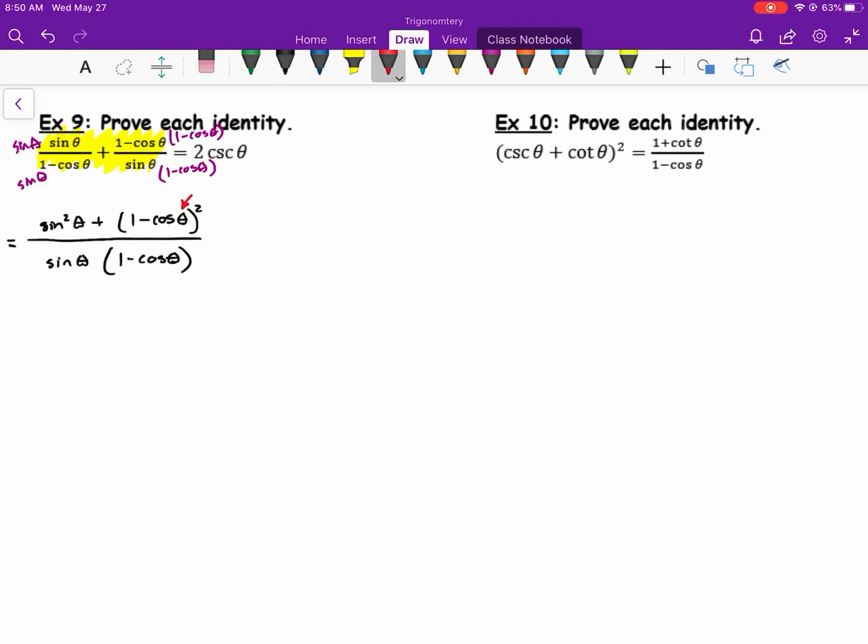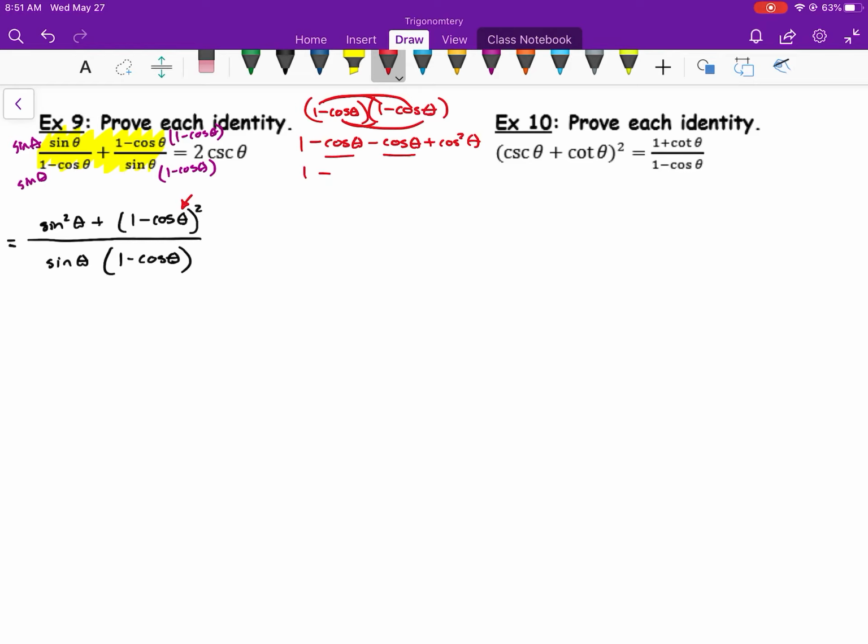So this one needs to get foiled out right there. So let's FOIL, get 1 minus cosine theta minus cosine theta plus cosine squared theta.